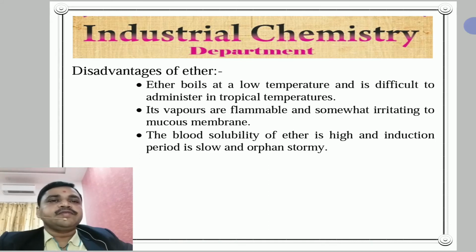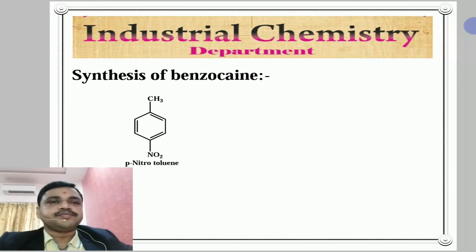So it is a disadvantage. Number 2, its vapors are flammable and somewhat irritating to mucous membrane. And last, number 3, the blood solubility of ether is high and the induction period is slow and often stormy. These are the advantages and disadvantages of ether.